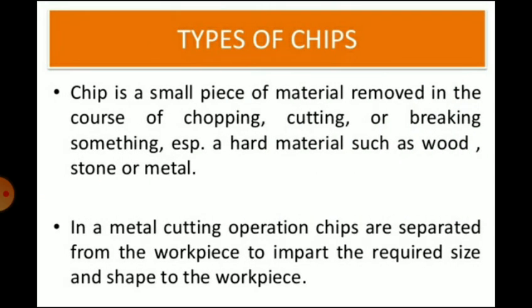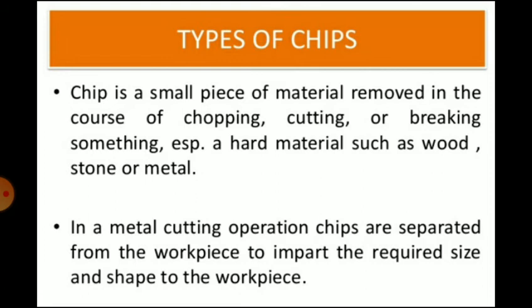Now we will see the types of chips. A chip is a small piece of material removed in the course of chopping, cutting or breaking something, especially a hard material such as wood, stone or metal.